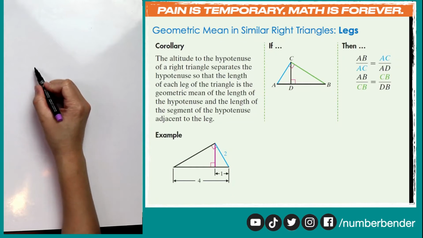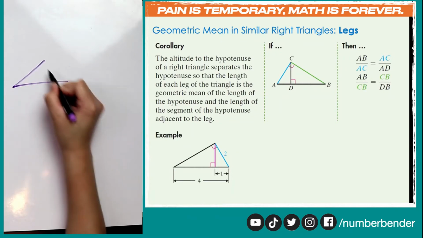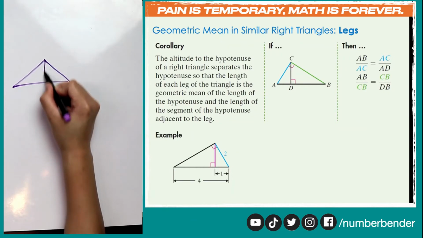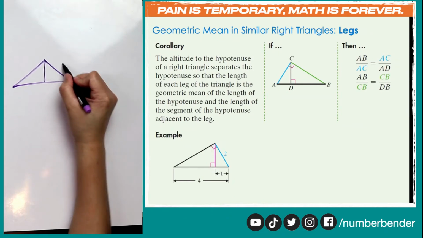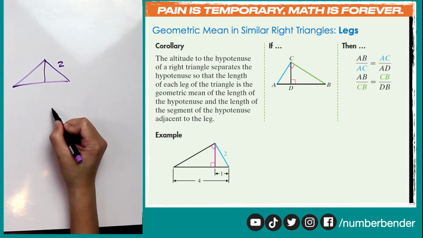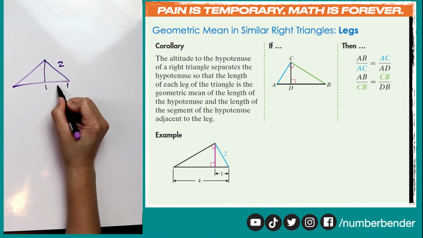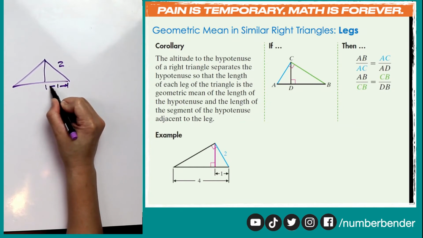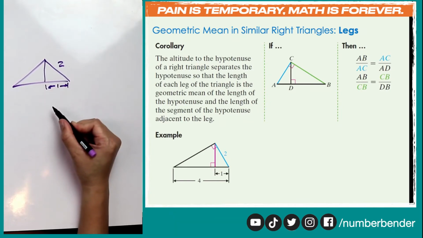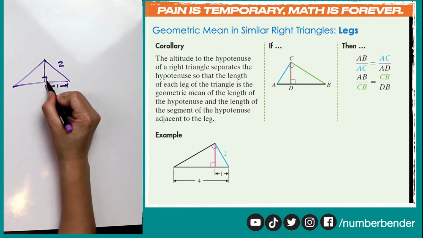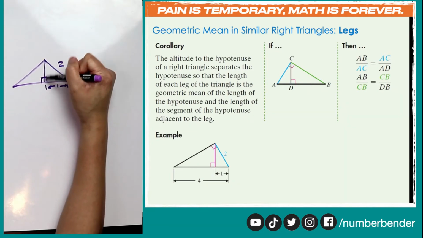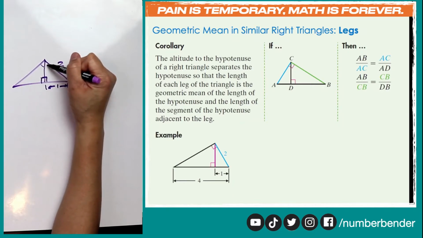So in this diagram, we have this triangle, and we know that this side is given, which is 2. We are given the measurement of this little right triangle that is formed by our line segment over here, which is our altitude for this right triangle.